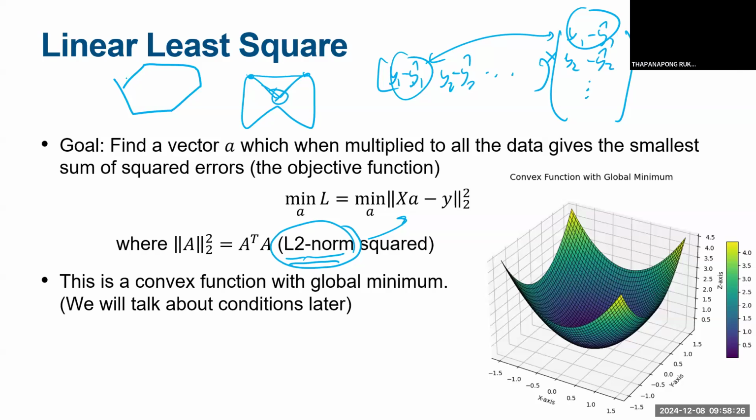In a convex shape, the line between two points stays inside the volume. We'll talk about the condition later, but for now, this L2 norm function is a convex function, and a convex function has a global minimum.